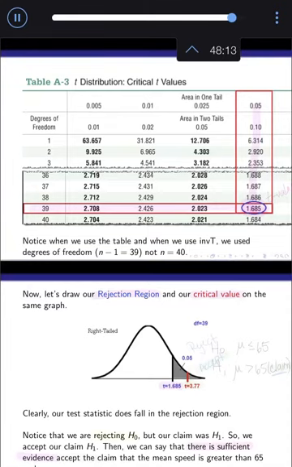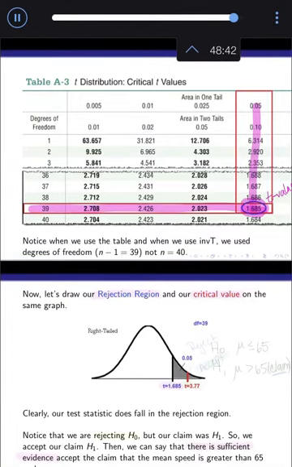Where those two overlap is the value we found using the calculator, 1.685. That is our t value that makes our rejection region. So even if you don't have the inverse t function on your calculator, you can just use a table.